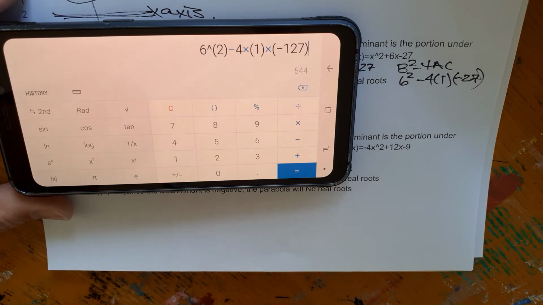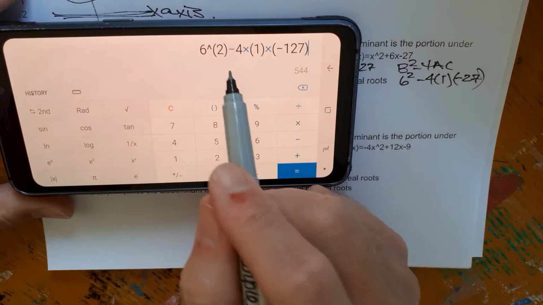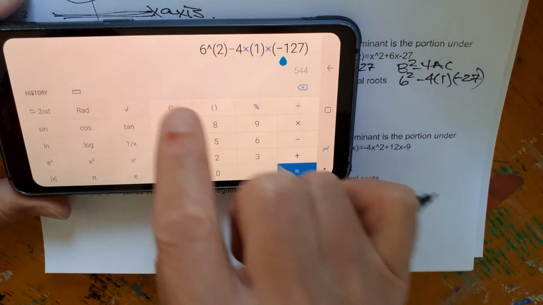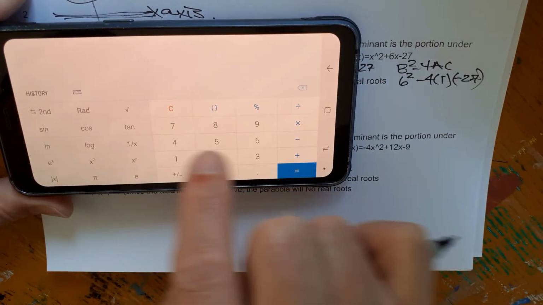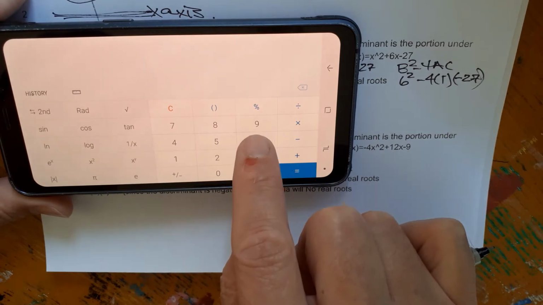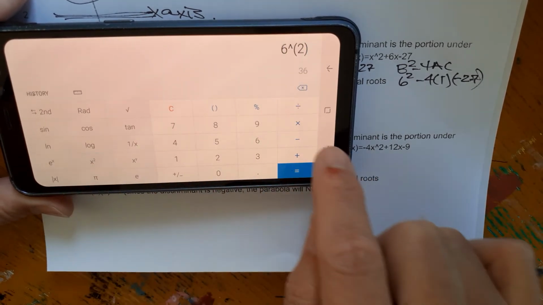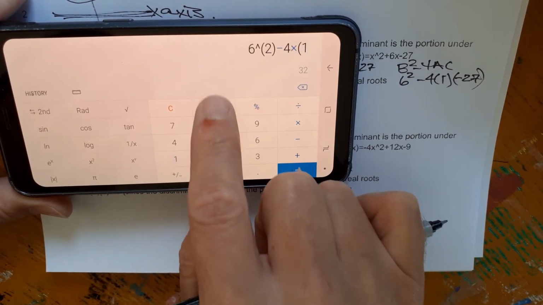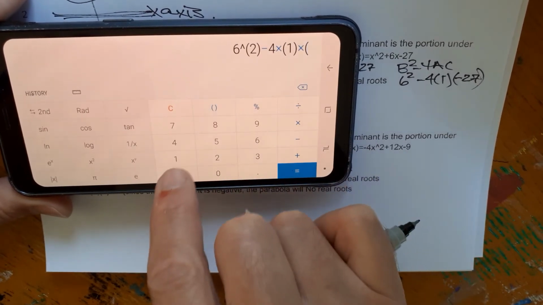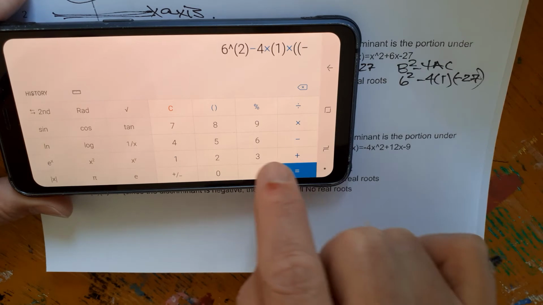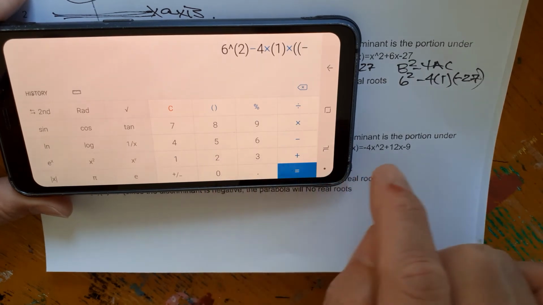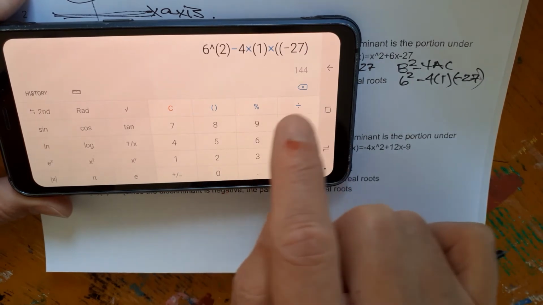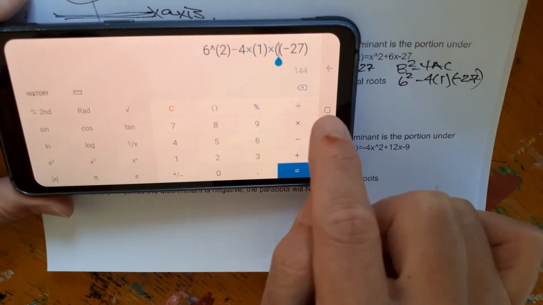Okay, 6 squared minus 4 times 1 times negative 27. I don't need two parentheses here.